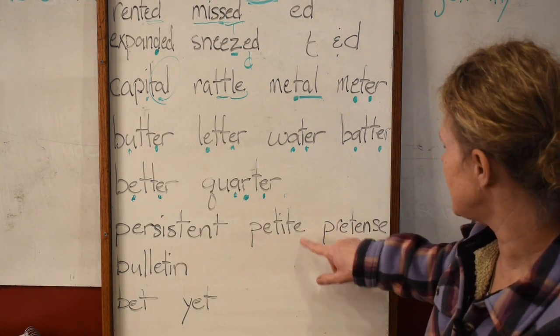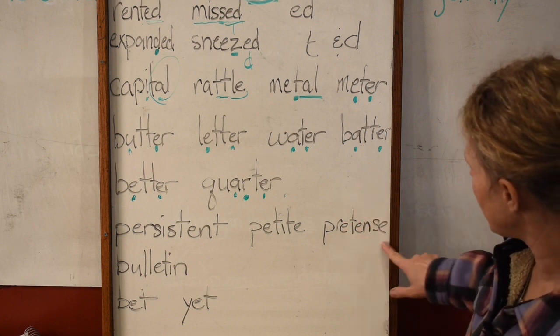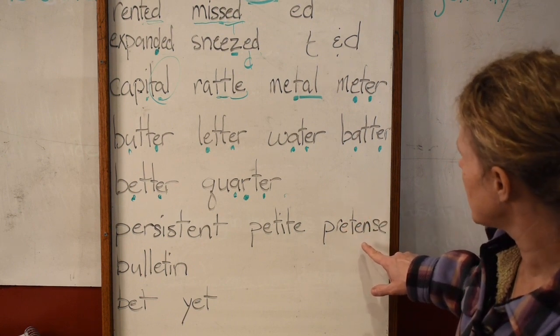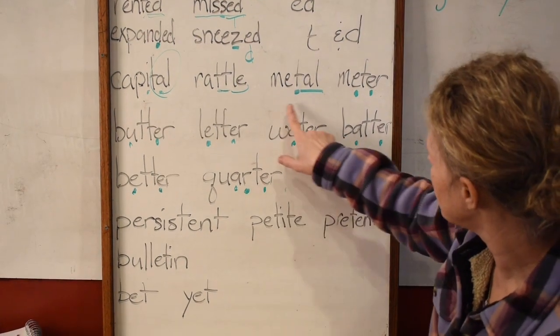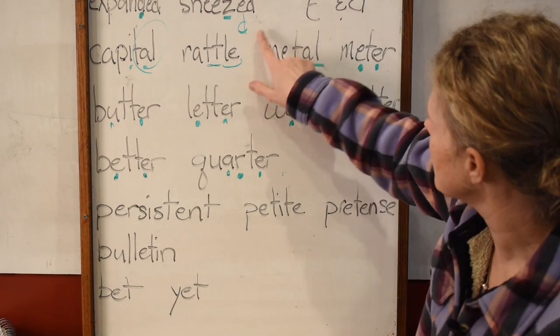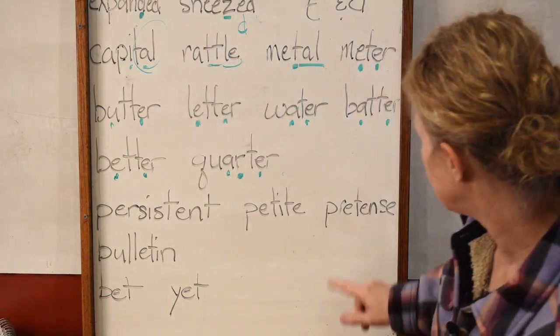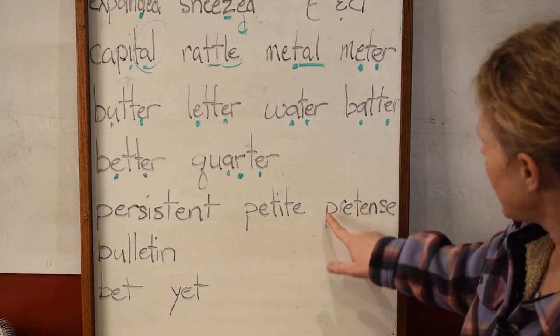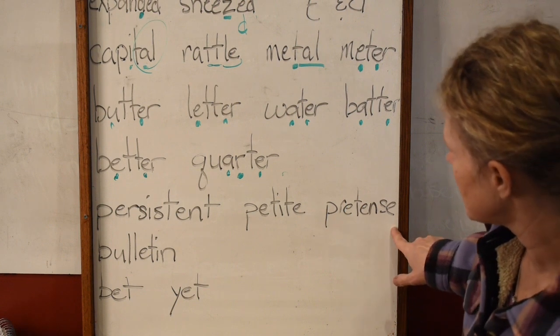This says petite. Pretense. It's the same thing. This is its very own syllable, and it doesn't really want to do that. This is where it breaks over here. These are all short, but pretense is long, and it's not even affecting this.